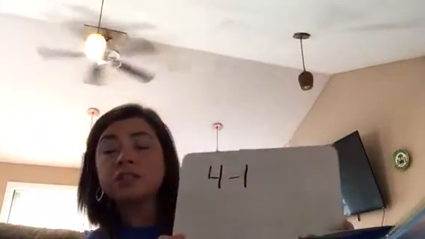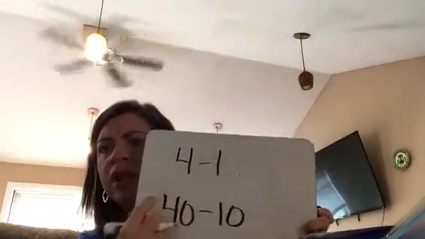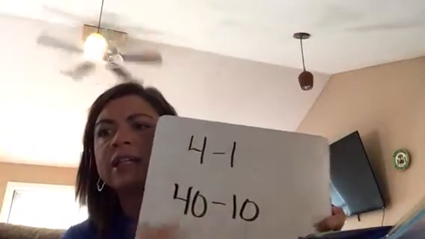So let's take a look at what it's asking us to do. We have to think about 4 minus 1, and also think about 40 take away 10. So let's take a look at these two equations: 4 minus 1 and 40 take away 10.